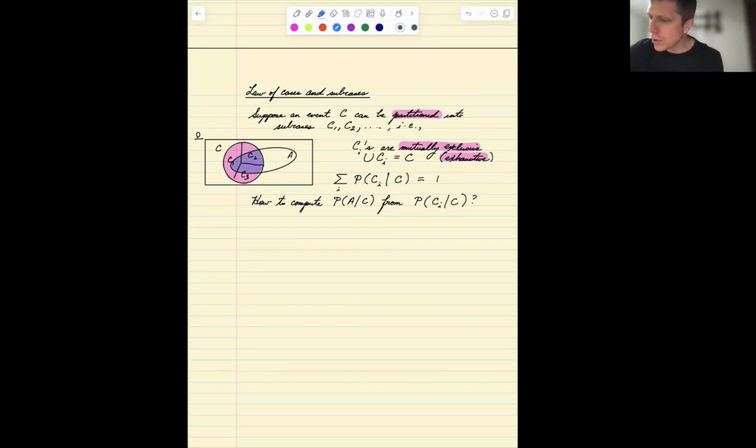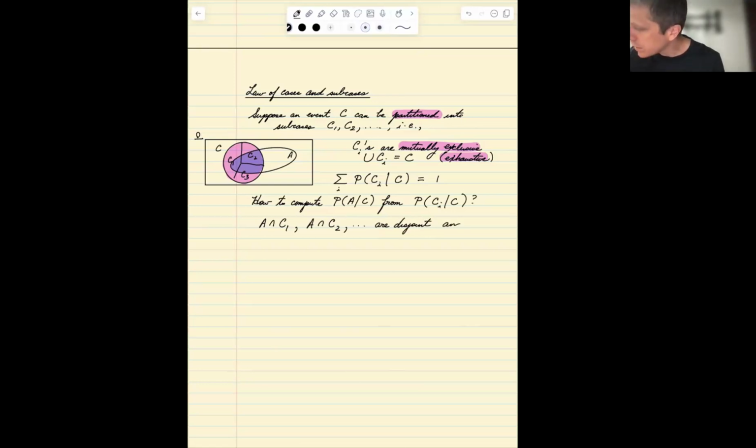The only possible events are A intersect C1, A and C2, or A and any Ci, and these are disjoint because the Ci's are disjoint.